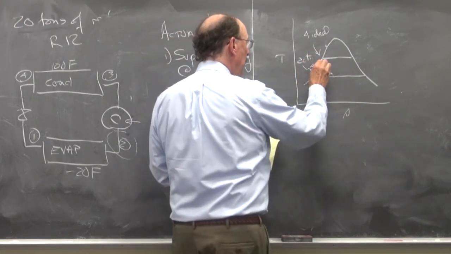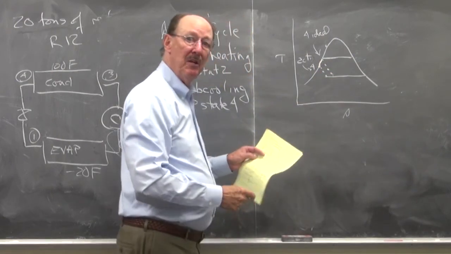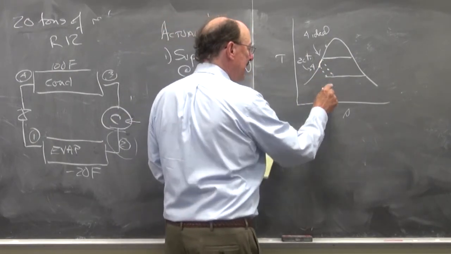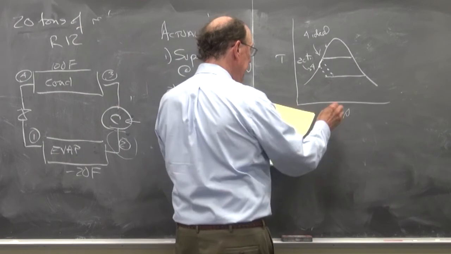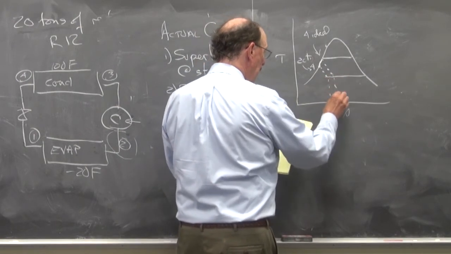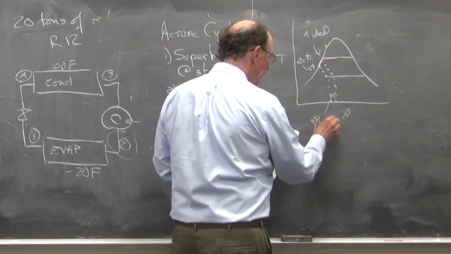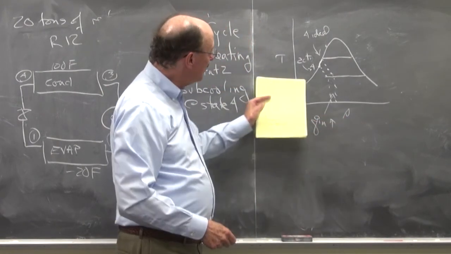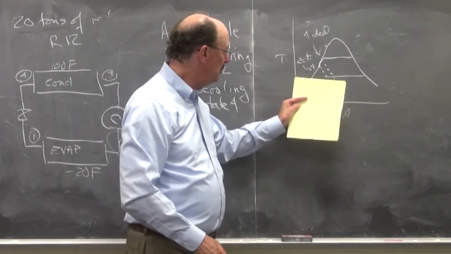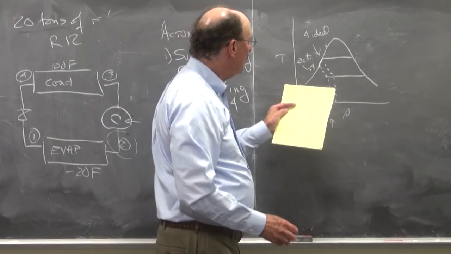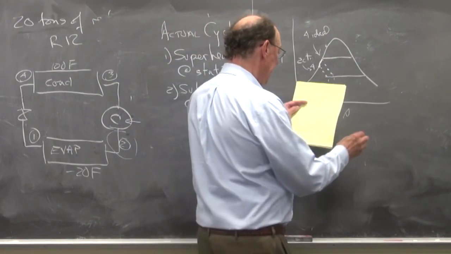And so what happens, because of the subcooling, I'm going to have a gain in the refrigeration effect here. Q_in increases because it moves further over here. There's more to evaporate.